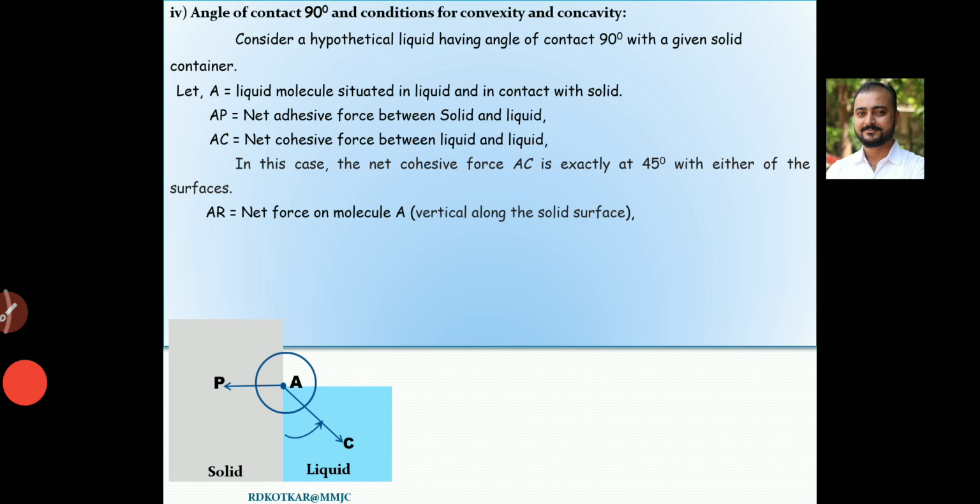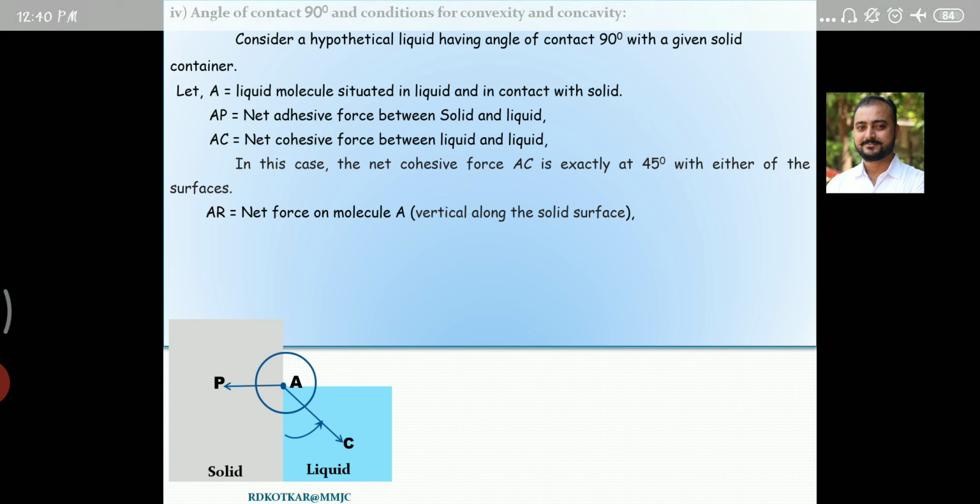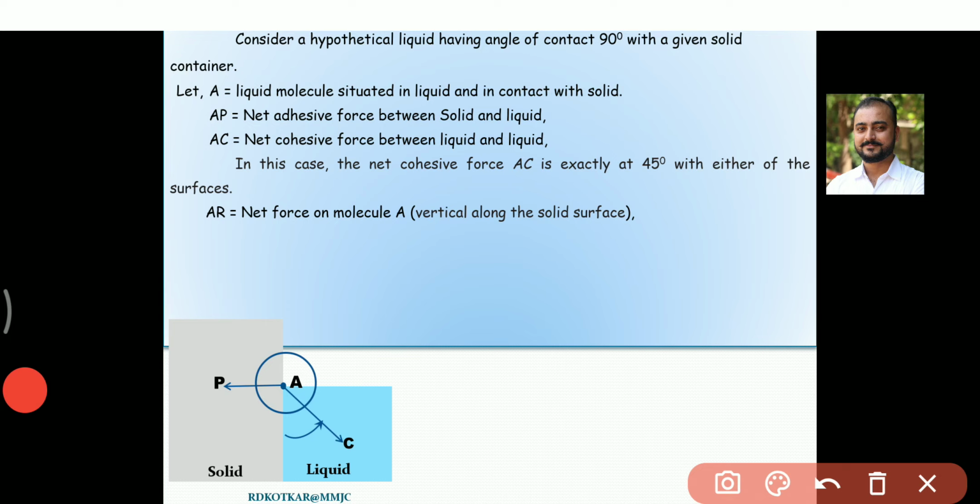Then what about AR, the net force acting on molecule A? Okay, what is that? The resultant force acting on molecule A. Okay, that is vertical along the solid surface. As you observe, where is the resultant force acting? Now we observe here according to the law of parallelogram. Okay, I will just show you where the resultant should be present. So let's just draw a line parallel to AC.